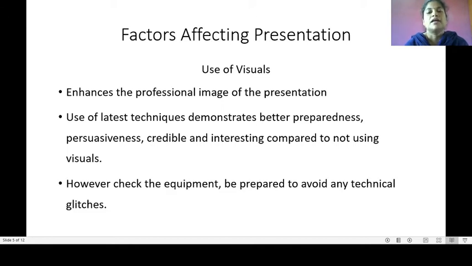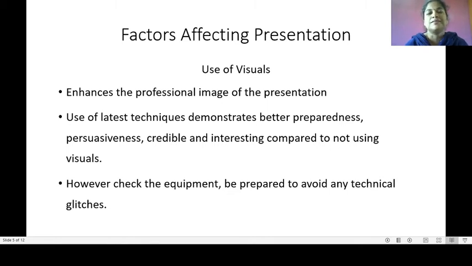So if a presenter uses a visual, it gives out a good message, meaning it shows that he's thoroughly prepared for the theme or the ideas he's going to present. He'll be good at persuading people, and it shows his credibility, and his presentation would be interesting when compared to not using the visuals. So visuals play a major role.